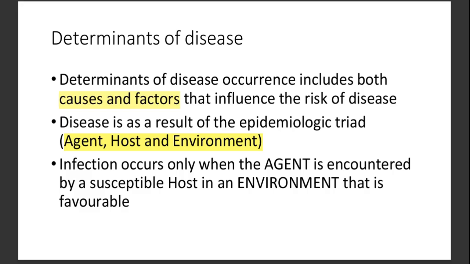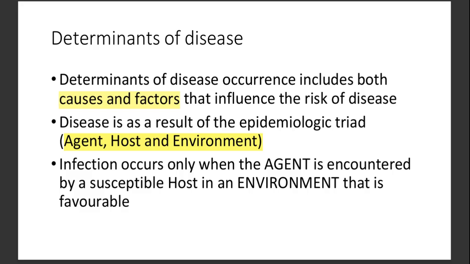So if a lady is going to have cervical cancer, number one, she should be young. Number two, the more children she has, the more the chances of having cervical cancer. Number three, she should be promiscuous, sleeping around with many men. Number four, a lot of pregnancies or a lot of births. So this is a susceptible host. They have some factors that are good enough for the agent to survive. So the host plays an important role.